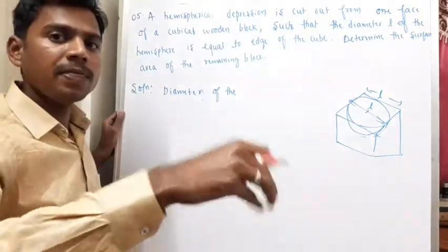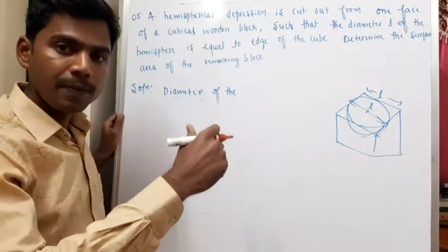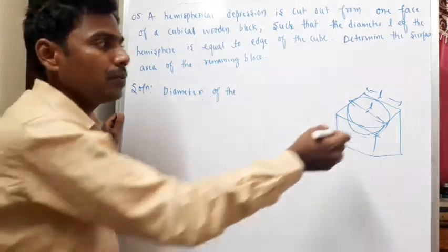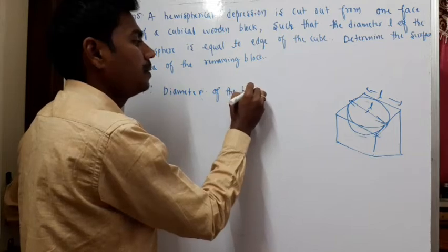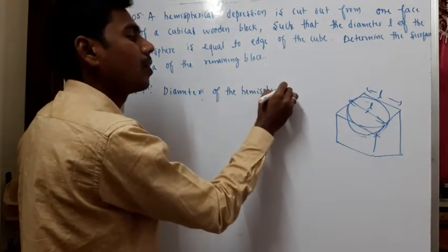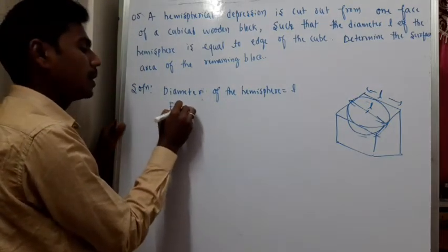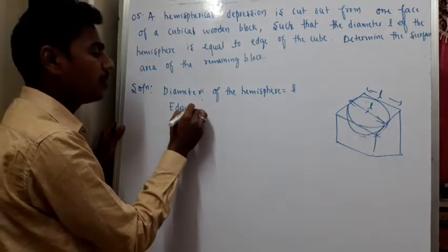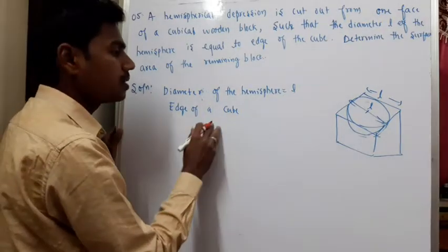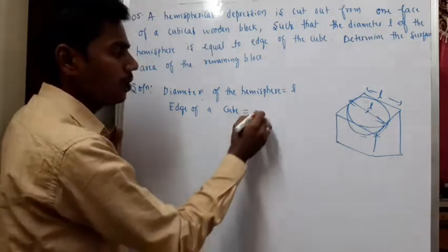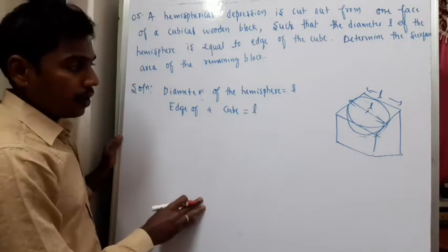That depression is of hemispherical shape, and its diameter is equal to the length or edge of the cube, that is L. So the diameter of the hemisphere, or depression, is equal to L. Next, you call it the edge of a cube, not side. The edge of a cube is equal to L.